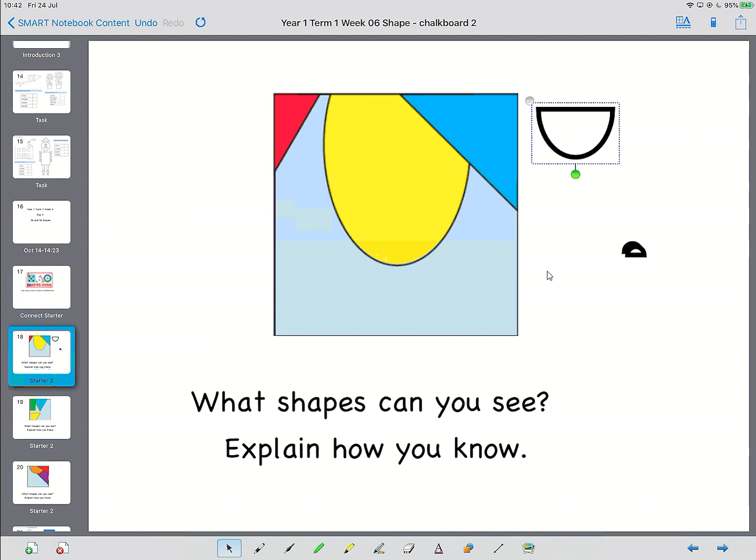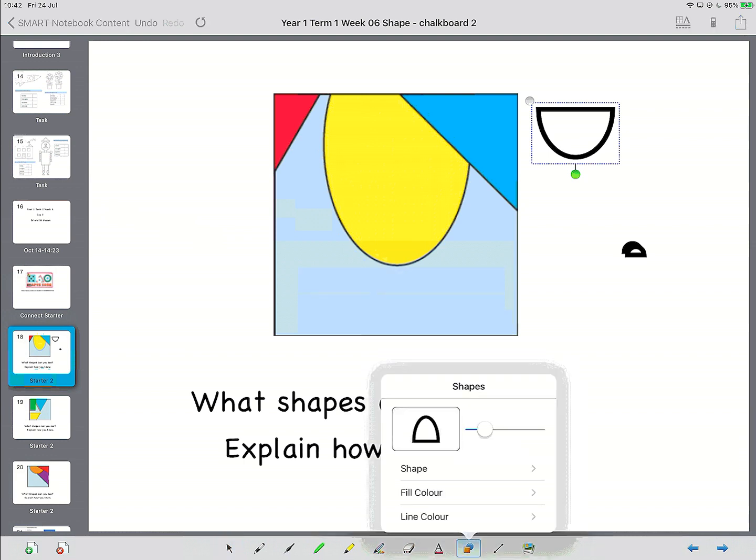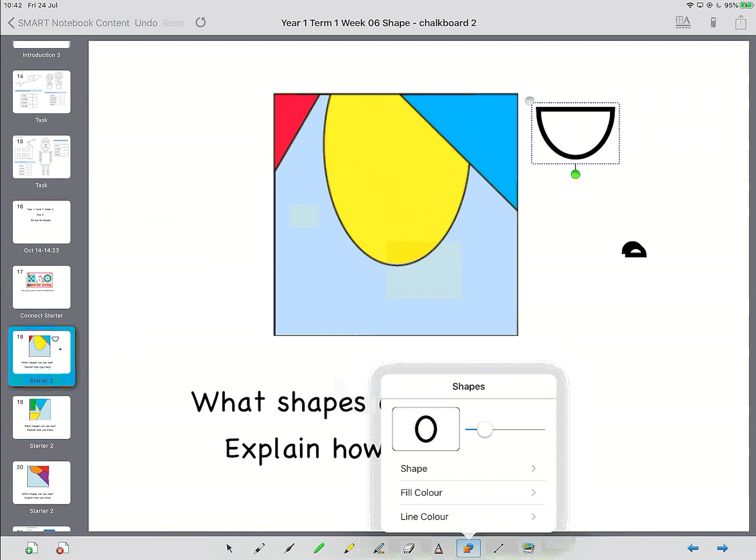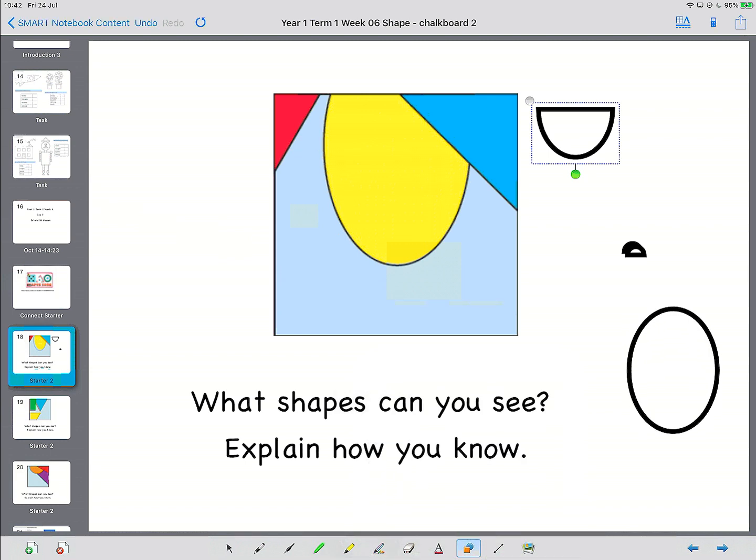However, it could also be, because we don't know if it stops at this line, it could carry on, so it might also be this shape. What shape's that? Could be an oval.